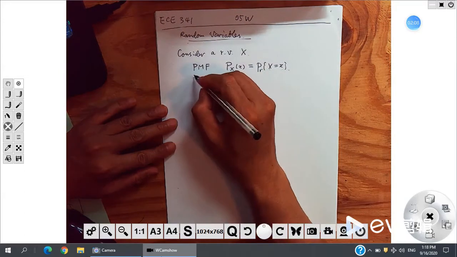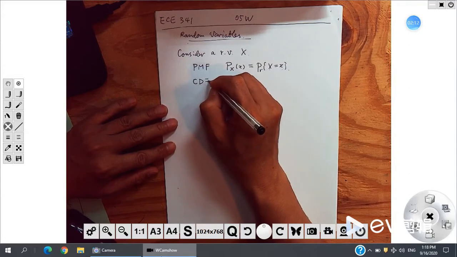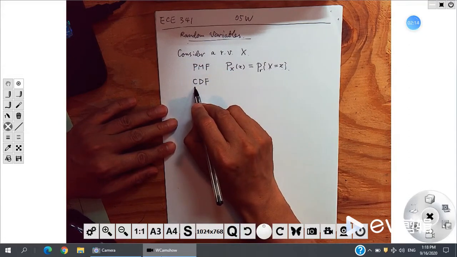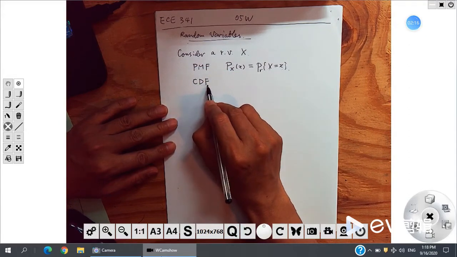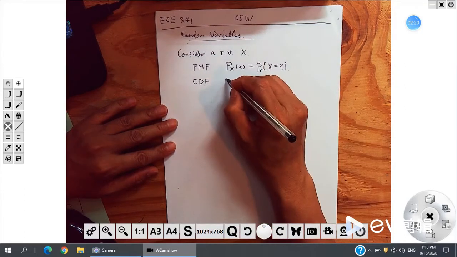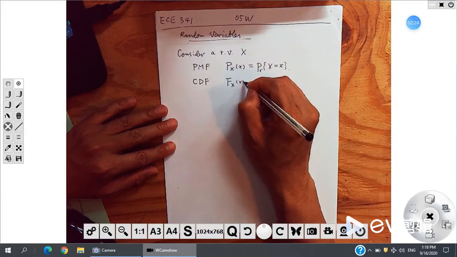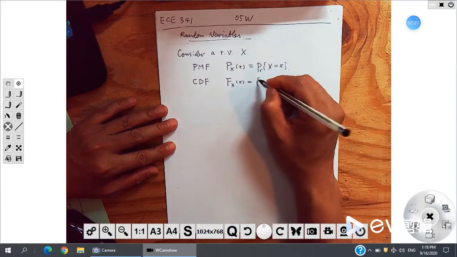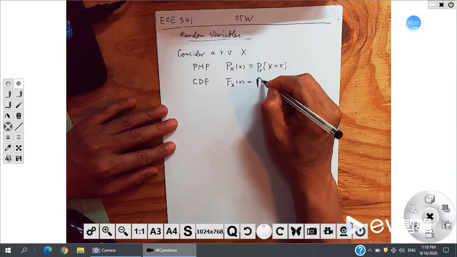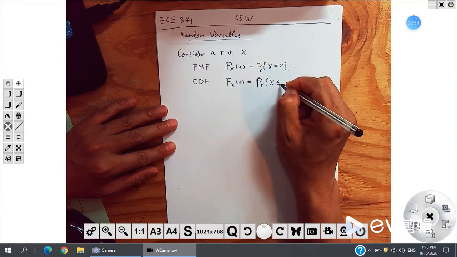And we also have the CDF, the cumulative distribution function, cumulative probability distribution function. This is usually denoted as F_X(x), which is also a probability: capital X smaller than or equal to x.